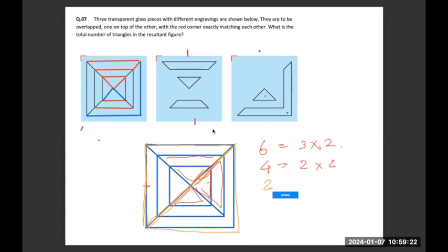So 2. And then when I go to the inner triangle, using this purple diagram, I get 4 such triangles. So 1, 2, 3, and 4.